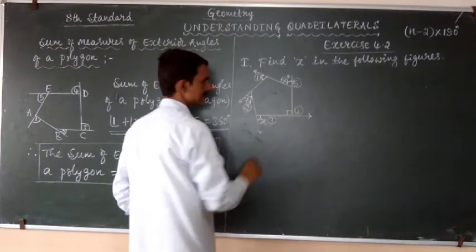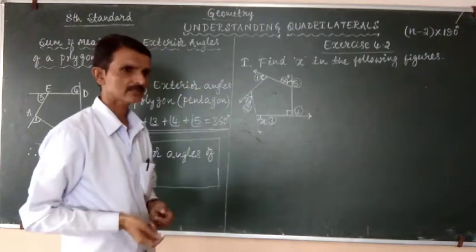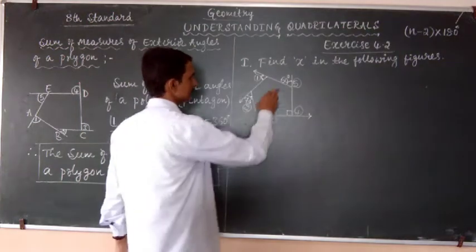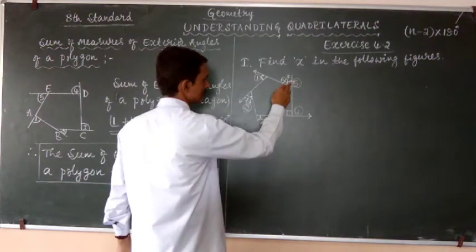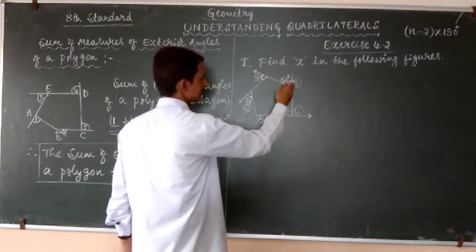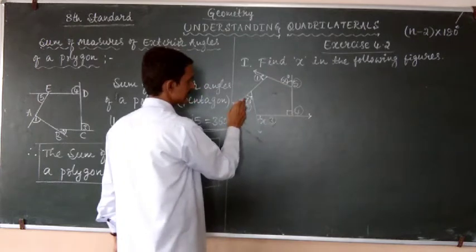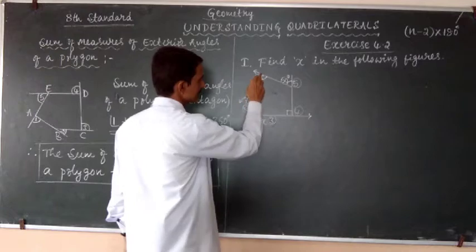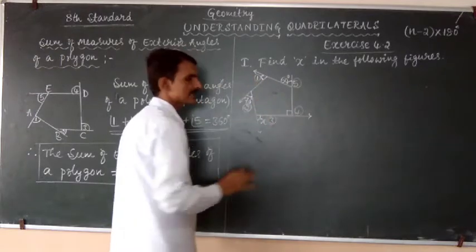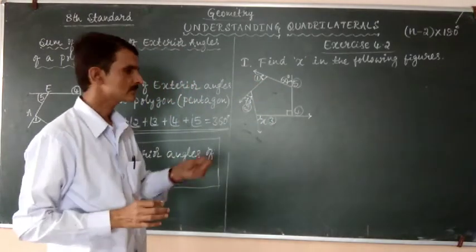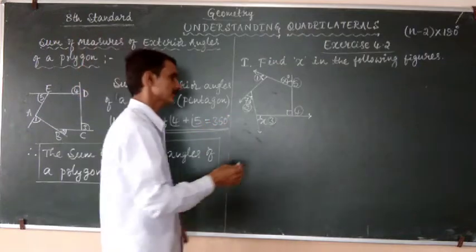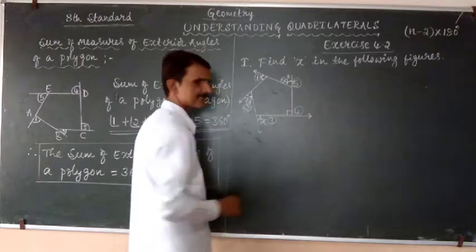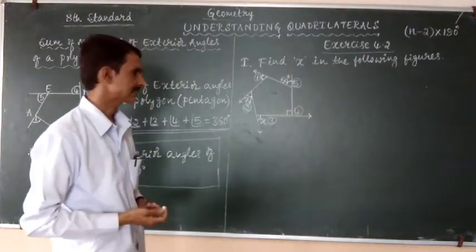Therefore we have to understand that they are equal to 90 degrees. The fifth angle is 60 degrees, the second angle is 70 degrees, and the first angle is 90 degrees. The fourth angle we are going to calculate. In the fourth angle they have given the interior angle, and we have to calculate the exterior angle.